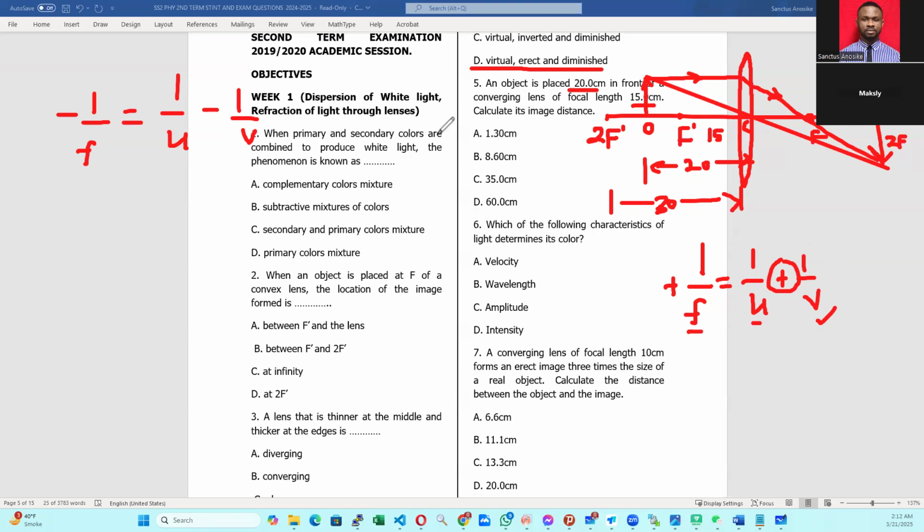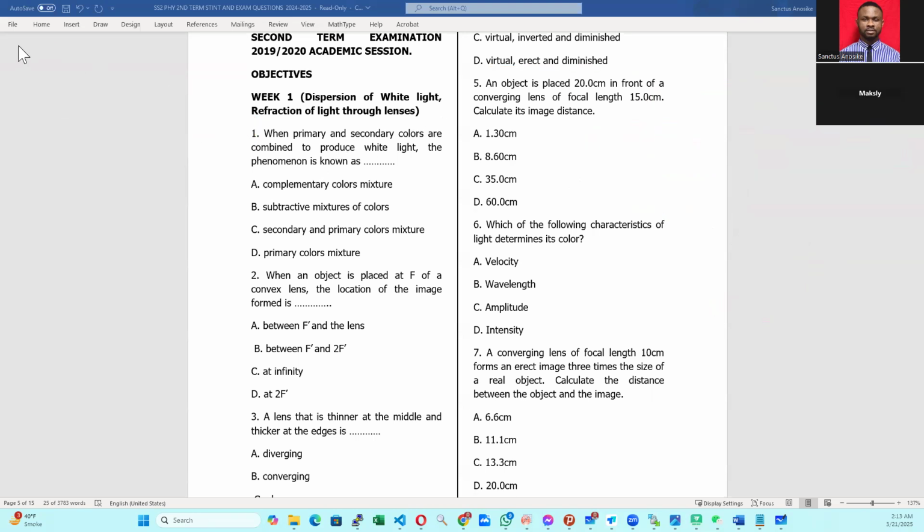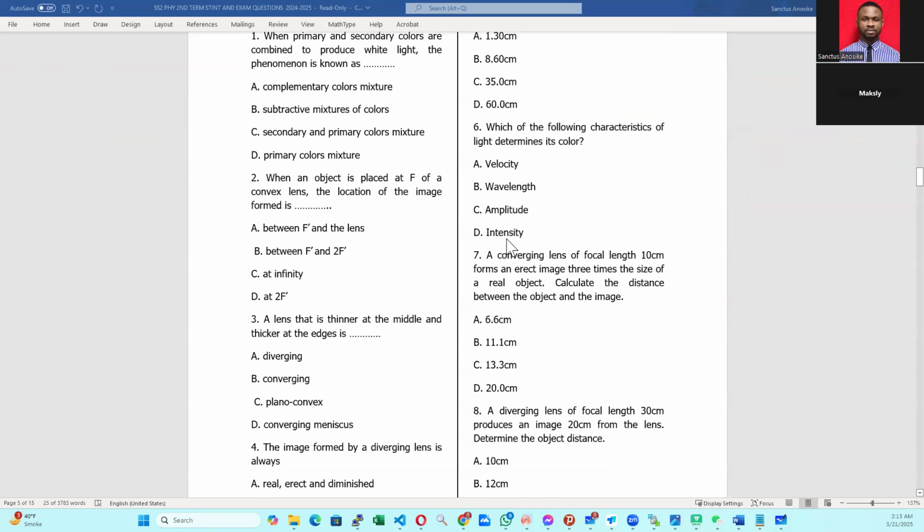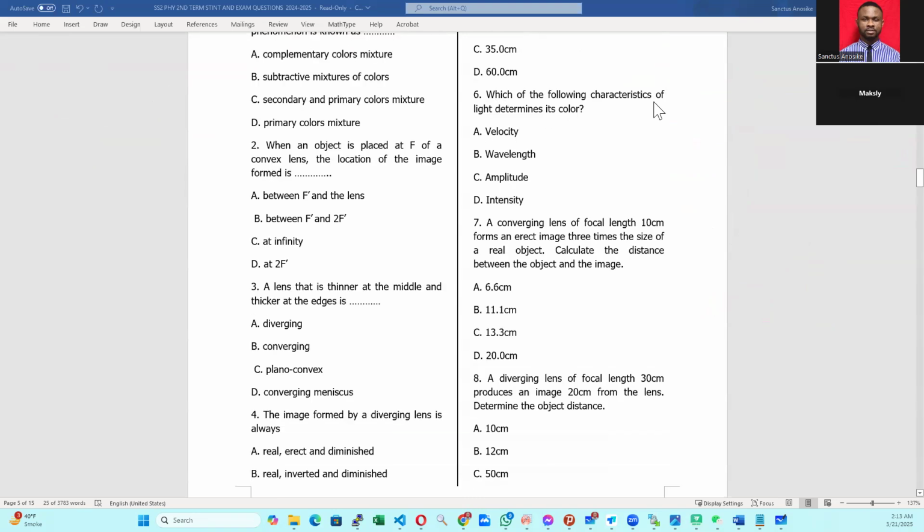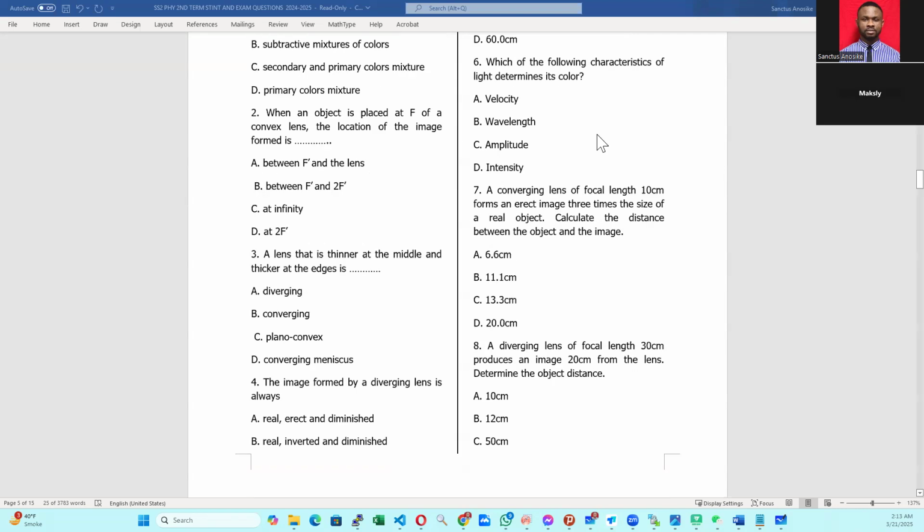All right. Now, the next question says, Sylvester, are you following? Yes. The next question says, which of the following characteristics of light determines its color? That is wavelength. We don't need to go much into that. Different colors have their different wavelengths.